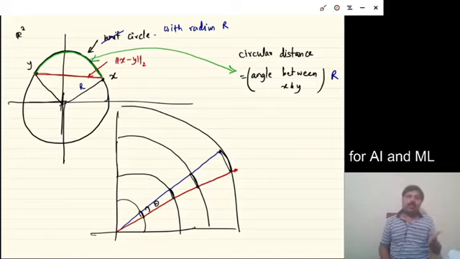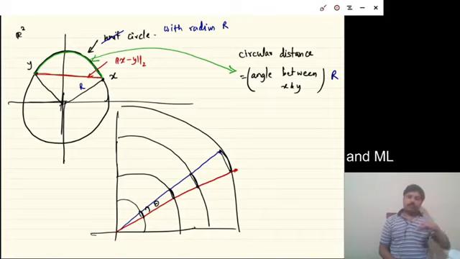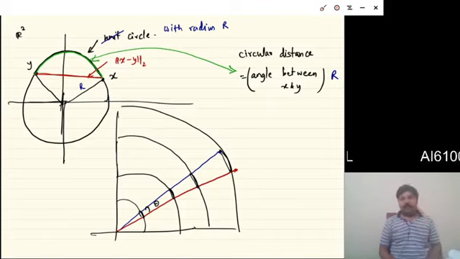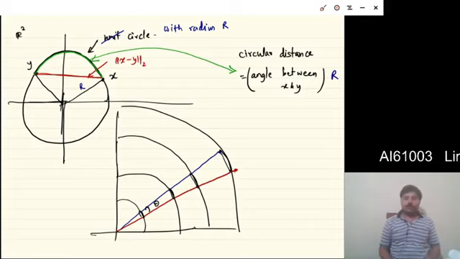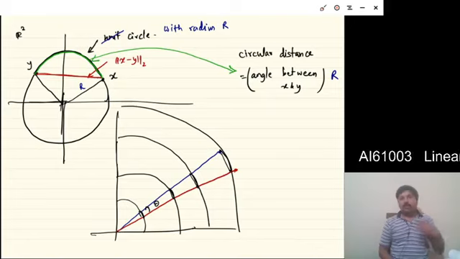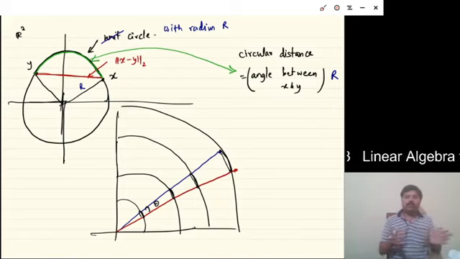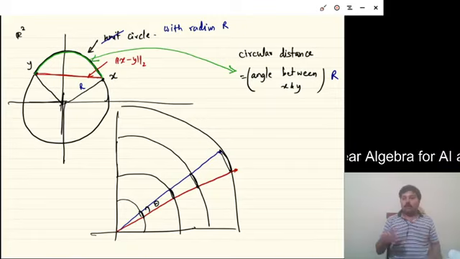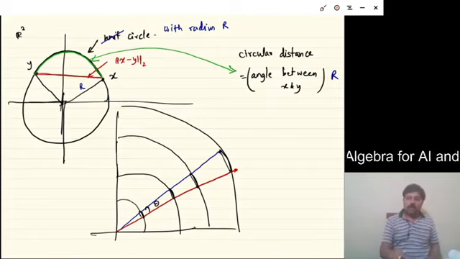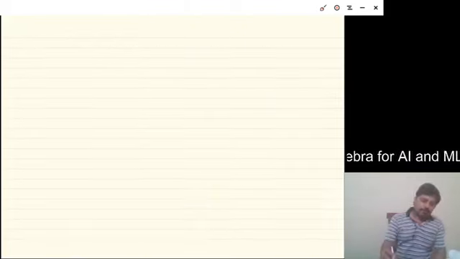Which similarity or which distance to use in order to get the similarity that you are looking for is again a subjective choice, and you have to make that choice based on the application that you are working with. Linear algebra is there, but which tool or which distance in linear algebra you want to use, you have to decide based on your experience and the application.